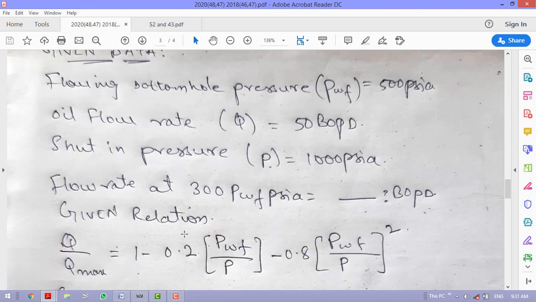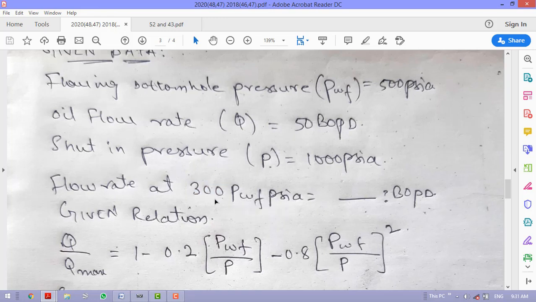The given correlation, as I said in the question, is Vogel's correlation. By seeing this problem, we have Q by Q max, PWF and P. Here we just have Q, the oil flow rate, at 500 psi PWF, and we are asked to find the same Q when the flowing bottom hole pressure is 300 psi.